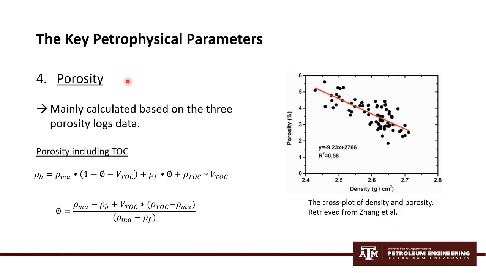Porosity estimation is mainly calculated based on three porosity logs. It's important to mention that density porosity has relatively high precision, so it can be used. The physical volume model is modified with TOC, it means just to include TOC, and it's given by both of these relationships for porosity and the density.